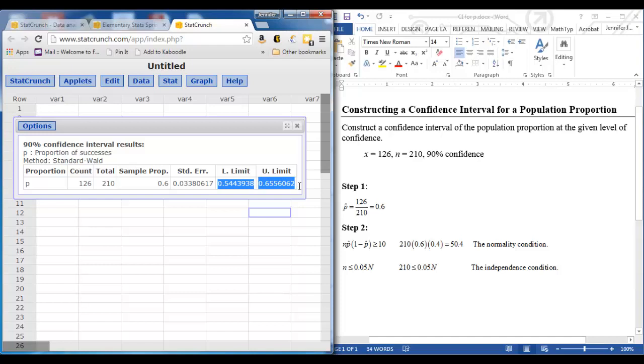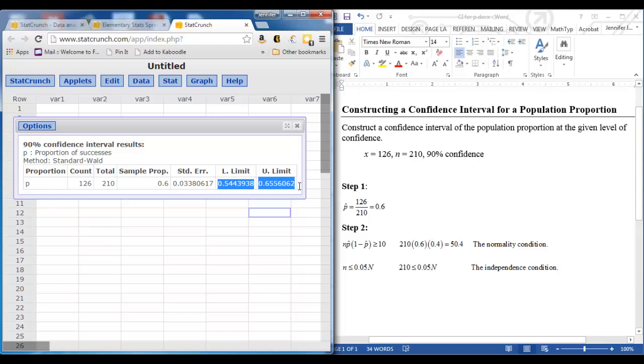If we round, we would say that's roughly 66%. So we can say with 90% confidence that the population proportion of Illinois registered voters who support pension reform is between 54% and 66%.